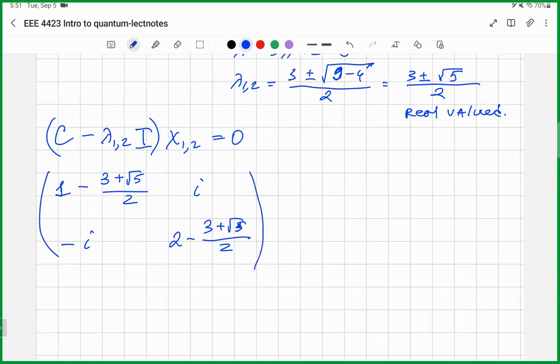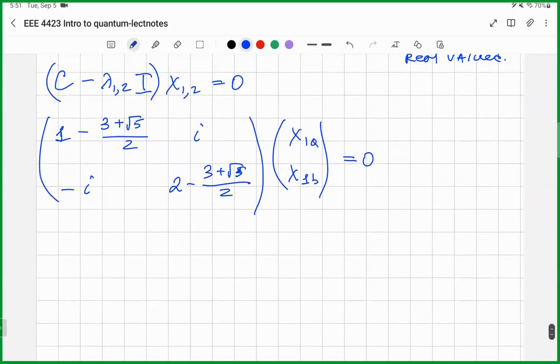This is the first one, times x1a, x1b equal to 0. So it is equal to 1 minus (3 plus square root of 5) over 2 times x1a, and then plus i x1b equal to 0.